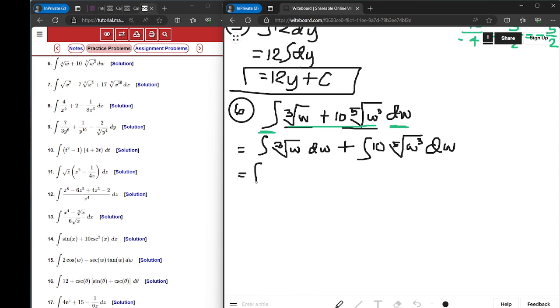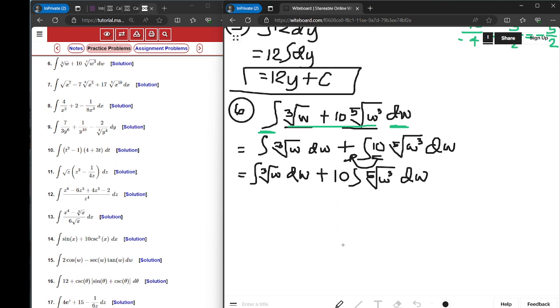So let's just copy this first term first, because for the second term, we'll need to move out the constant value 10 outside the integral. So that will be 10 times the integral of the fifth root of w raised to power 3 dw.